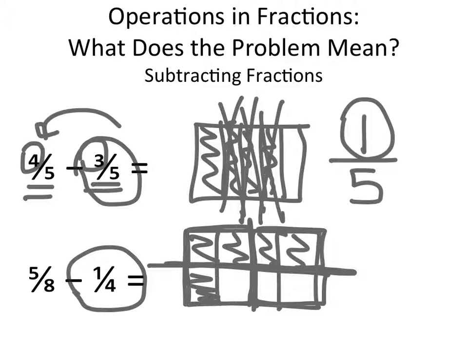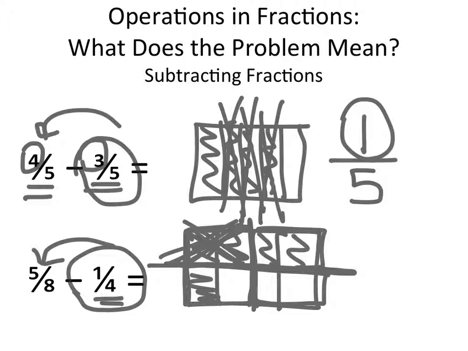Now what is the problem asking me to do? It's asking me to take 1/4 away from my 5/8, which is what I've shaded. So I will decide to take away this piece. I could take away a different one if I wanted to, but this is the one that I'm going to get rid of. So what am I left with?